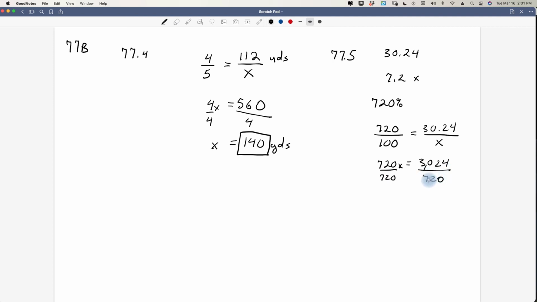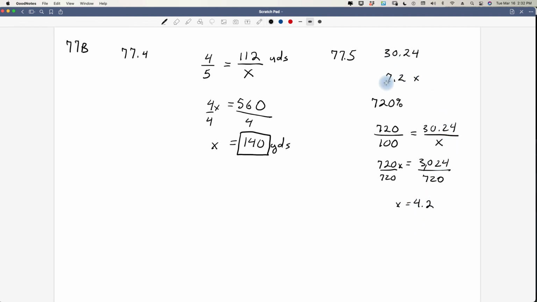Let me pull out my trusty calculator. 3024 divided by 720 equals 4.2. So x equals 4.2. So the total was 4.2. That's what x was.